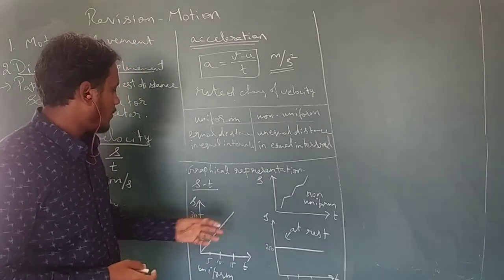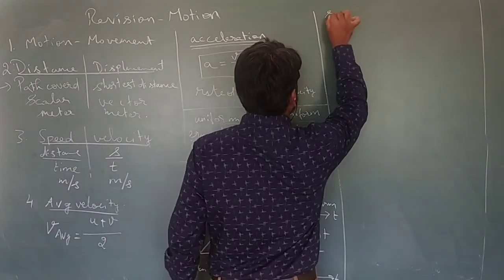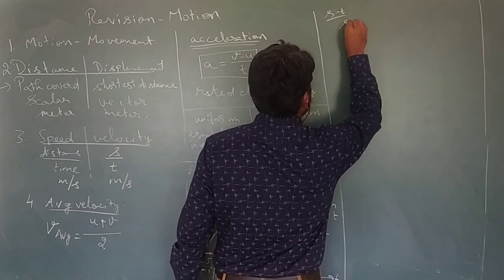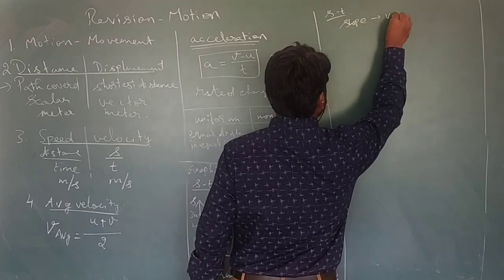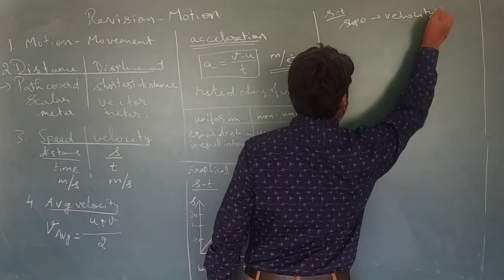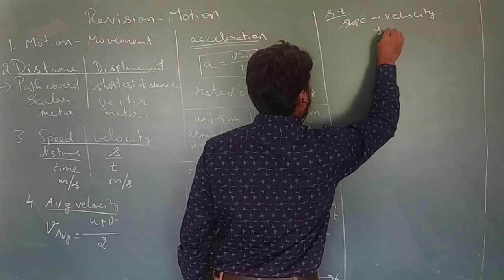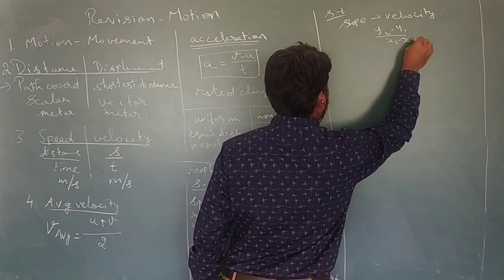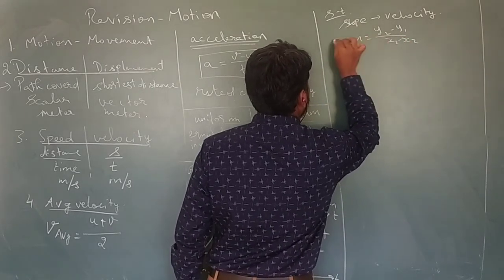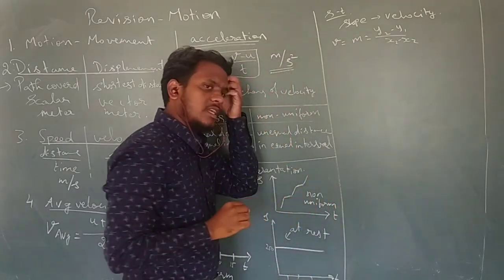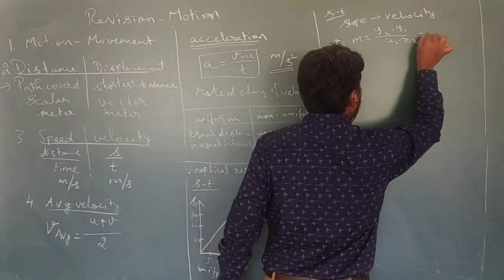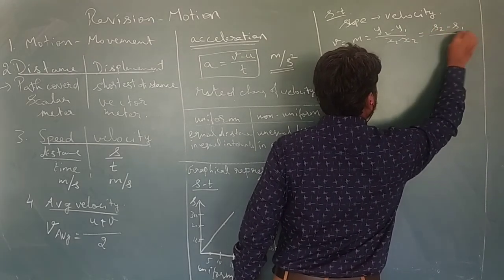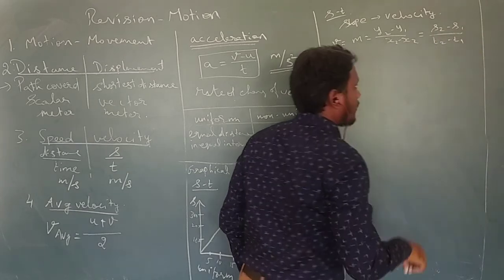Now from this distance time graph we can find velocity. The slope of the distance time graph gives us the velocity, right? What is slope? (y2 minus y1) by (x2 minus x1) is called slope. Here that can be equated to velocity, that is (s2 minus s1) by (t2 minus t1).